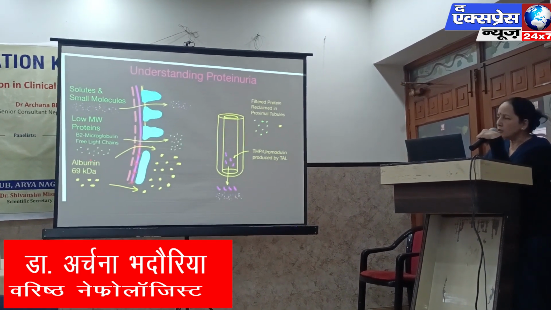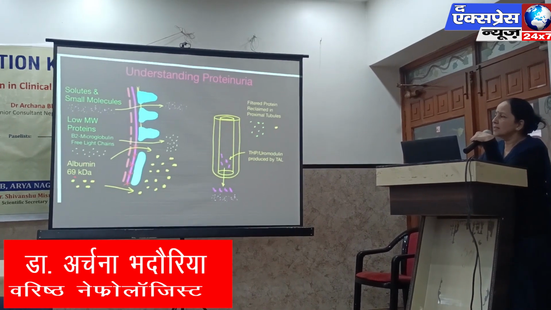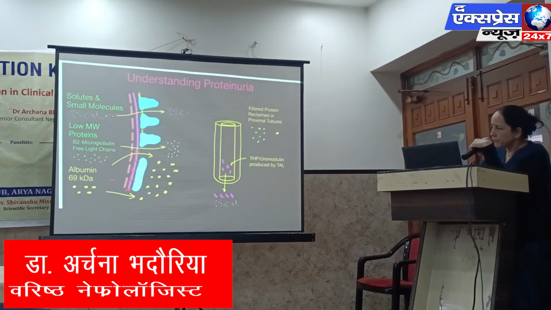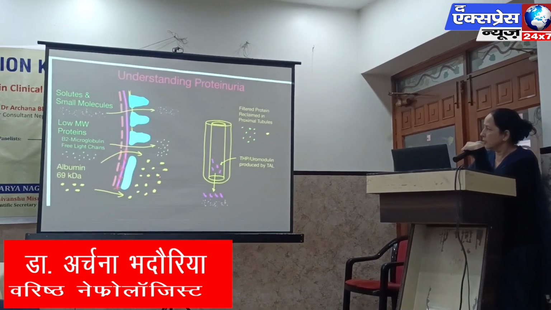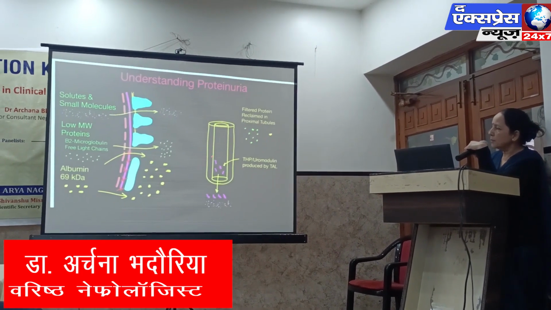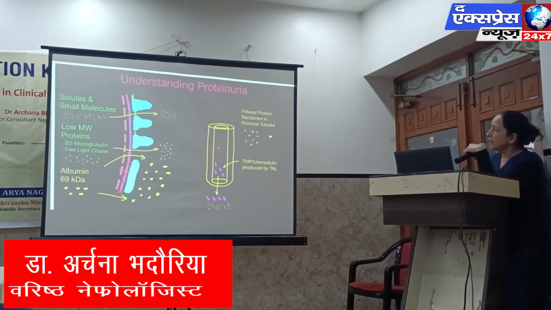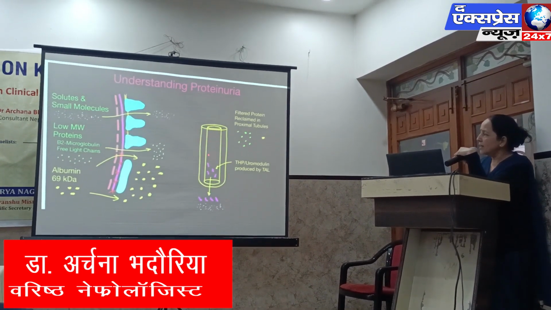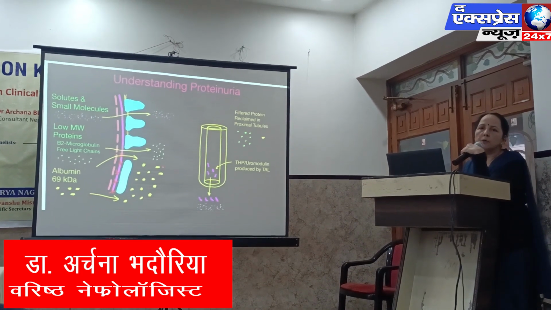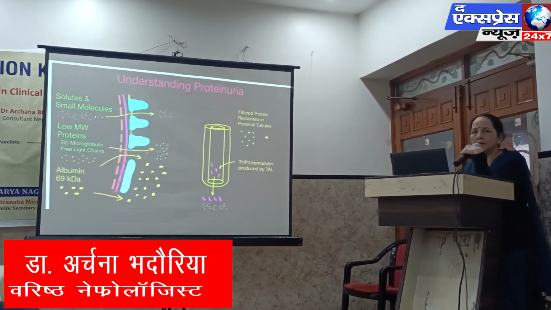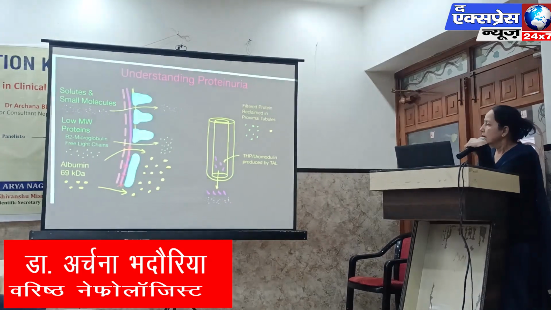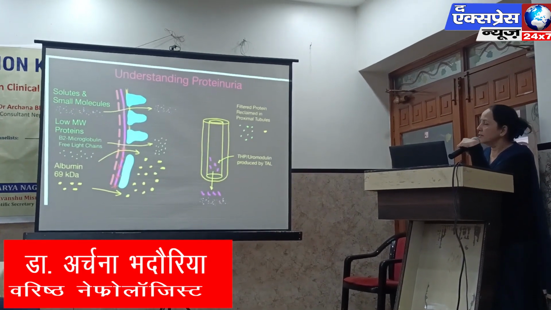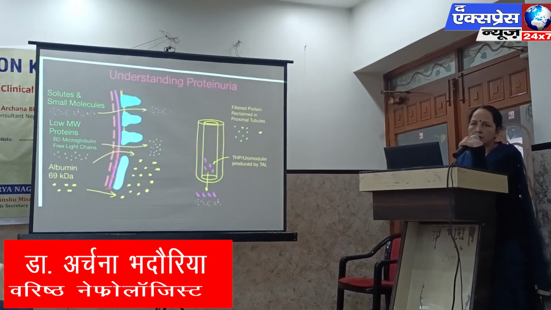Albumin, which is also a relatively small molecular weight, 69 kilodaltons, also filters through the glomerulus, but in the proximal tubule it is reabsorbed or degraded. So finally, albumin should never be more than 30 milligrams per day in final urine. The tubules secrete protein, and the commonest we all know are Tamm-Horsfall proteins.